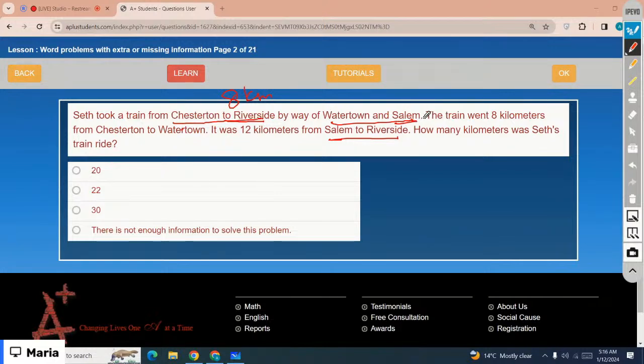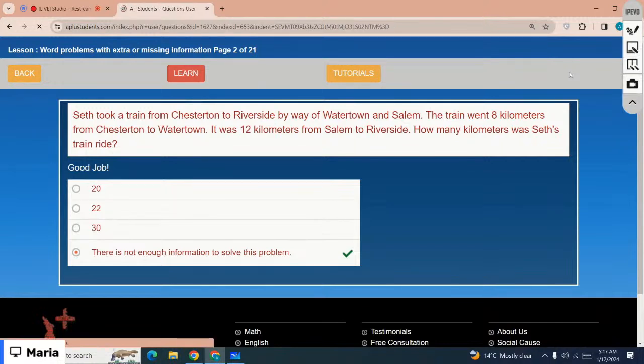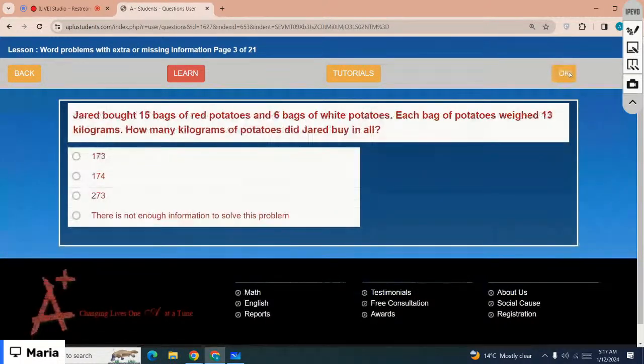But the train also goes from Watertown to Salem. I think that there is not enough information to solve this problem, right? Because you have to add the distances along the way of Watertown and Salem. So there is not enough information to solve this problem. The last option is the correct one. Got it? Because you're not given the complete information to solve the question.